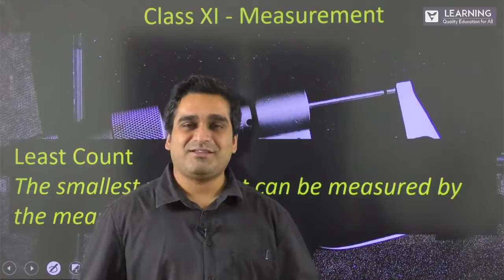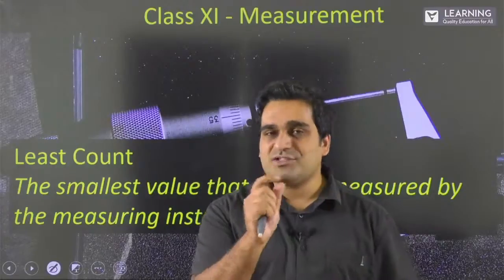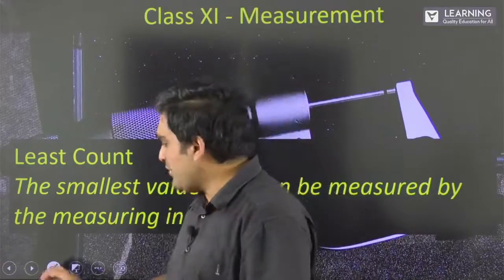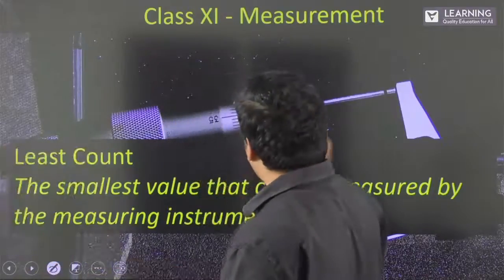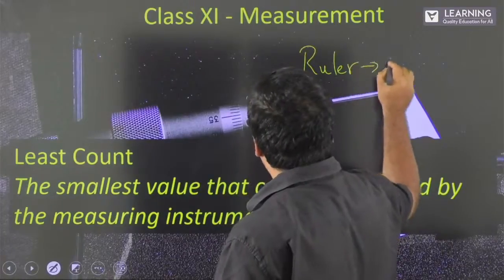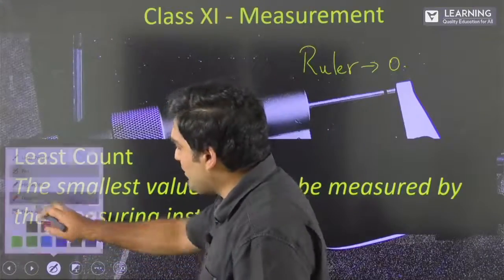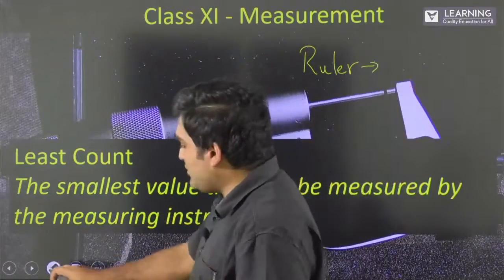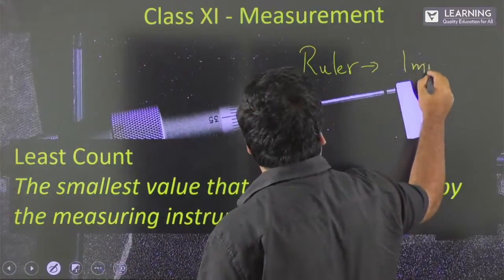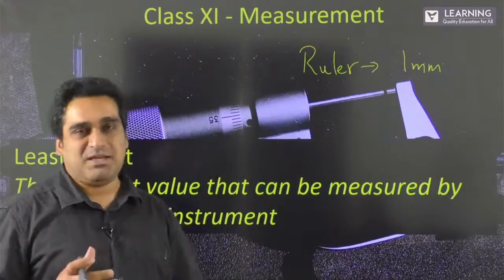Have you got the scale with you? Now look at your scale and tell me the smallest value you can find on the ruler. If you look closely, you will see that the smallest value for a ruler is about, let me write it in millimeters rather than centimeters, 1 millimeter.